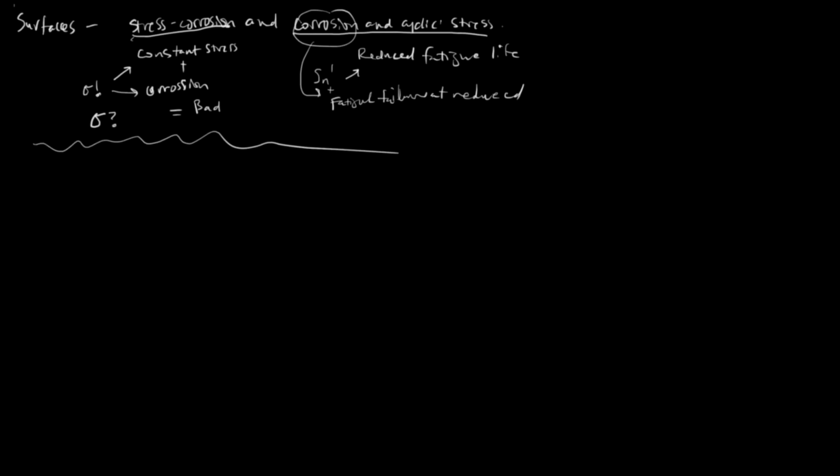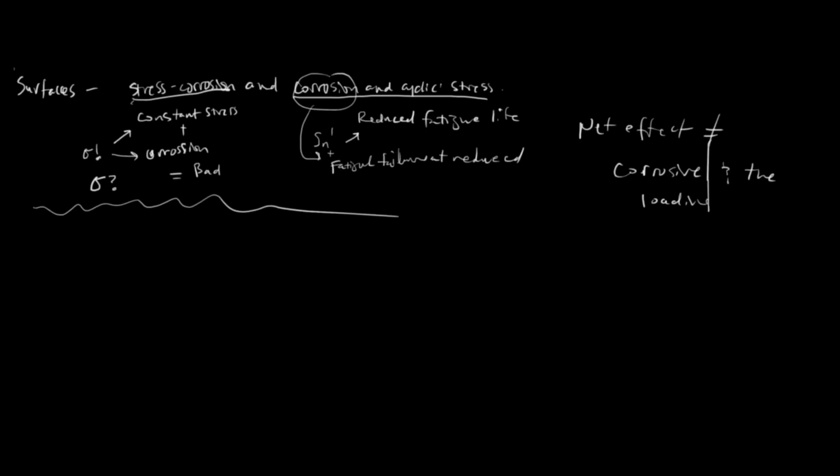It's different behavior when we treat the stress and corrosion separately. So if we just look at corrosion and we look at the surfaces, or we just look at the static stresses or dynamic stresses, we can't really say that the net effect is equal to the corrosive effect and the loading conditions.